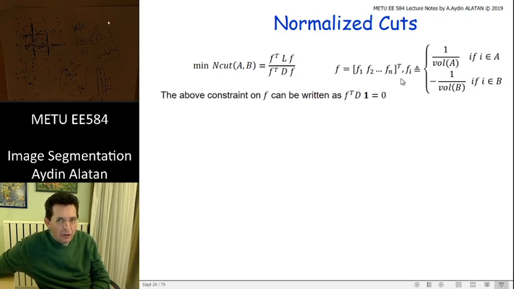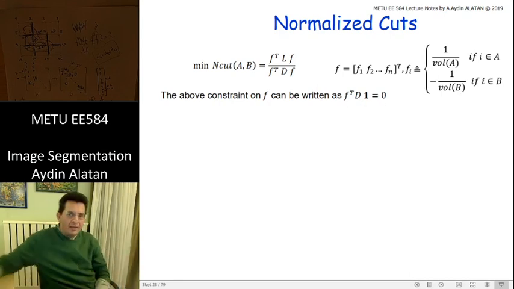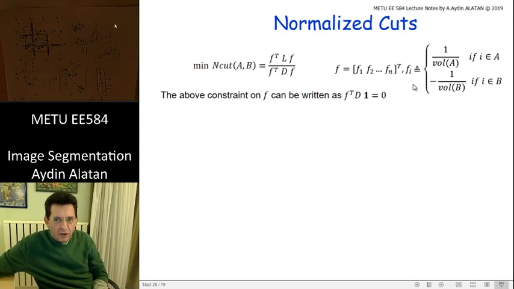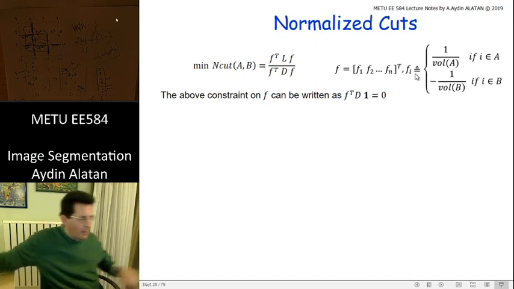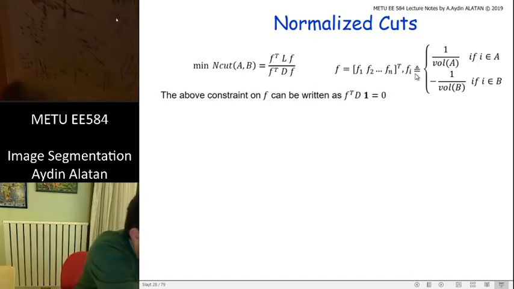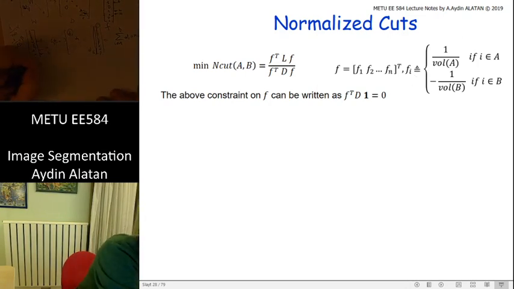Just a little note here. That term can be written in this form. Maybe at first look it is unclear how this constraint is equal to this constraint, how they are related. But please look at here. We have the D1, D16.